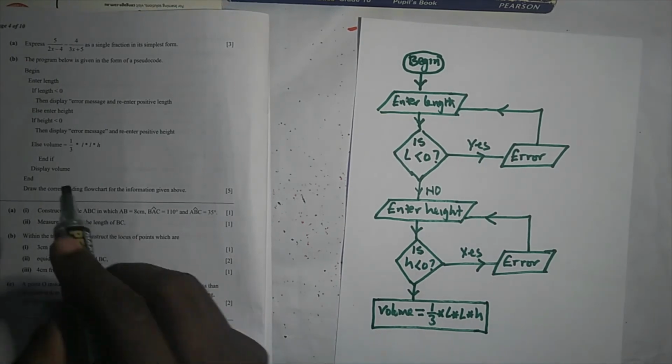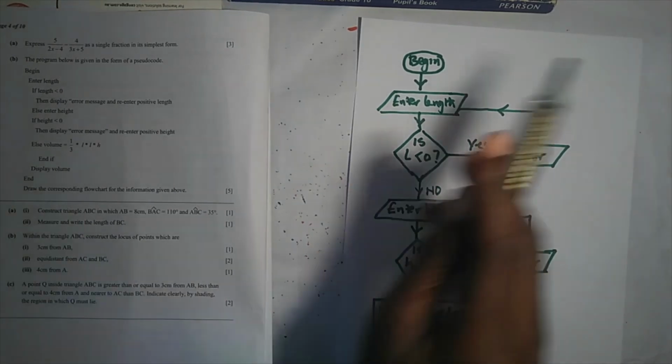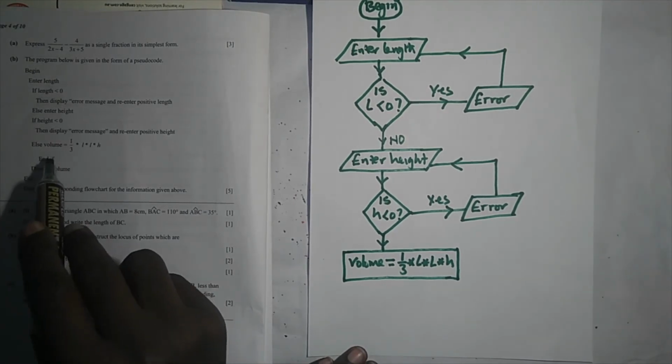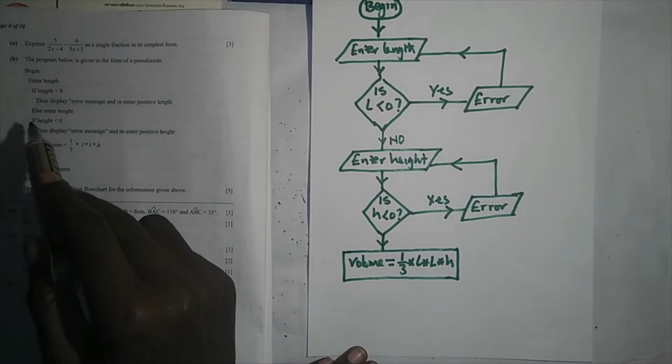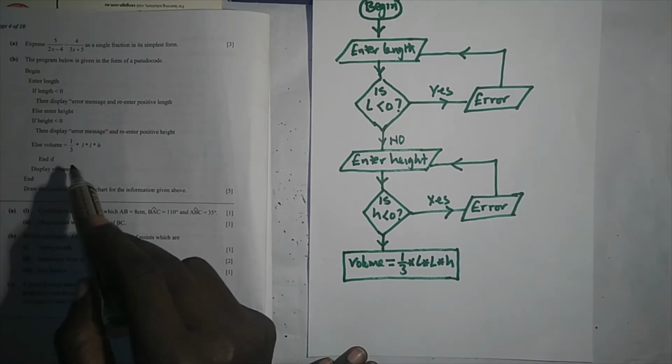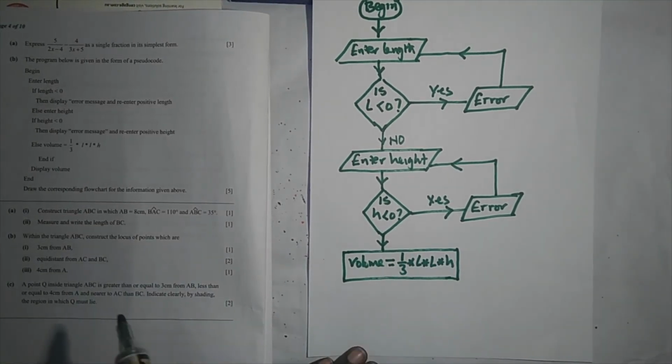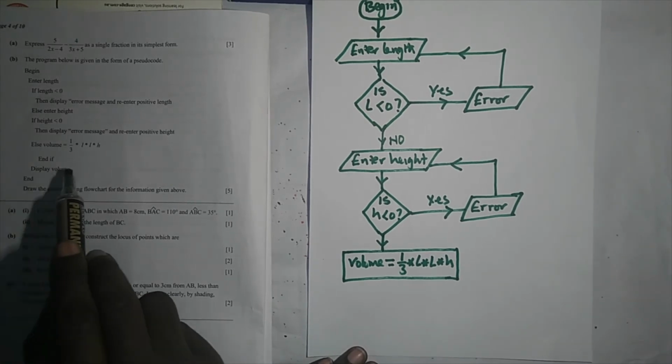The next one says end if. This end if simply tells you that these if statements have come to an end. So this end if does not go into any shape. You go to the next one, which says display volume.